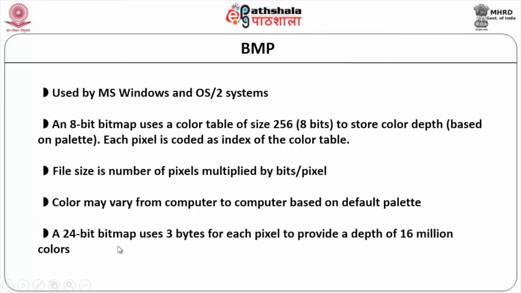There are BMPs with 24-bit maps, so 8-bit is not the only one, which use 3 bytes for each pixel to provide a depth of 16 million colors. I think all of you should be aware that a maximum of 15 or 16 colors is what an individual can identify with the naked eye. When you say 16 million colors, it is very difficult.